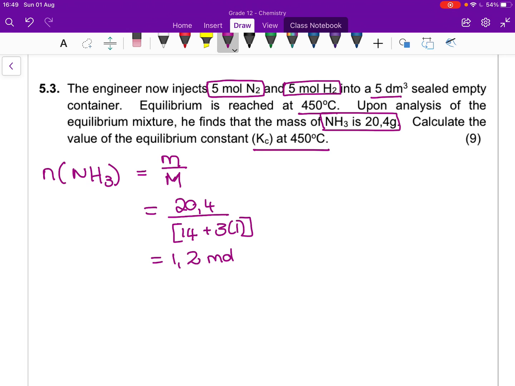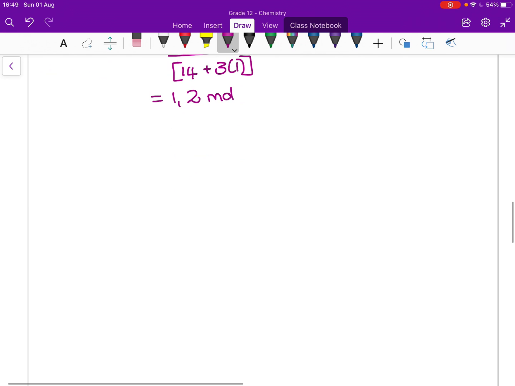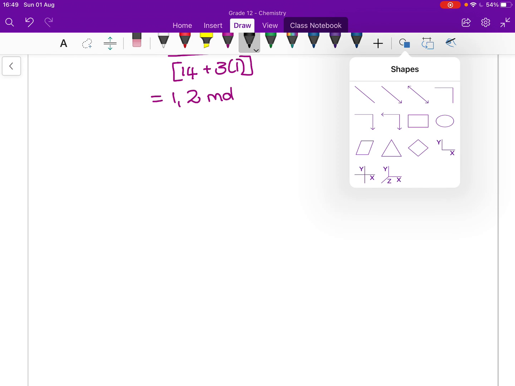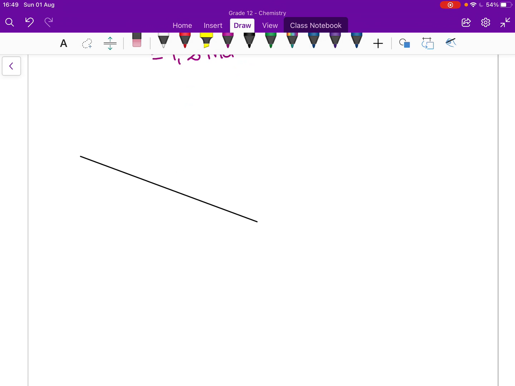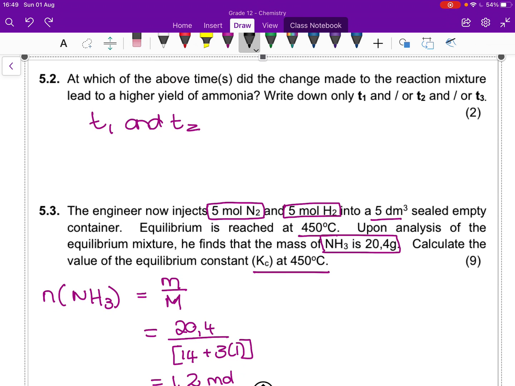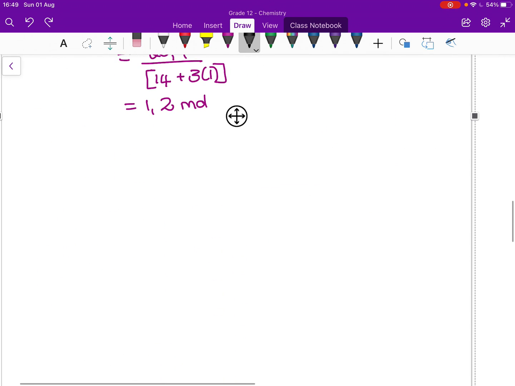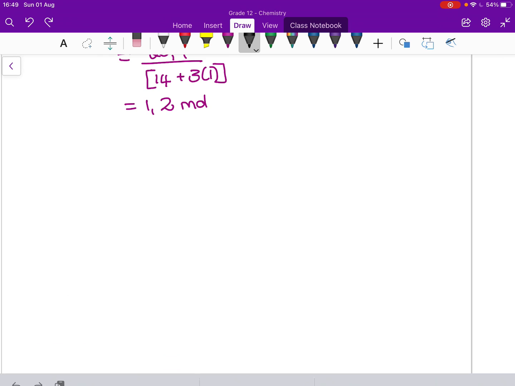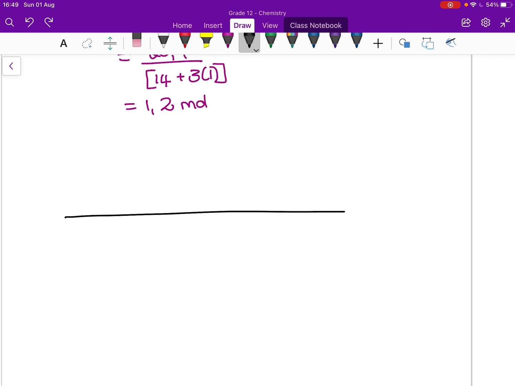That's at equilibrium. I have before conditions and I have after conditions. I know I'm going to need a table, so let's set up our table. It's going to be a bit of a messy table, but you'll be fine.